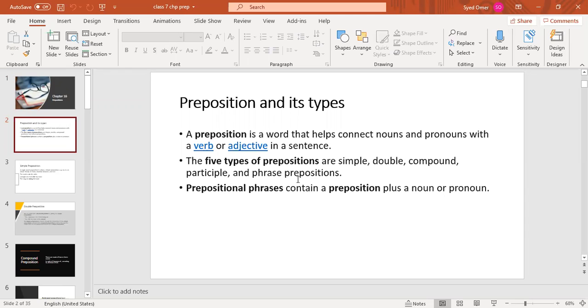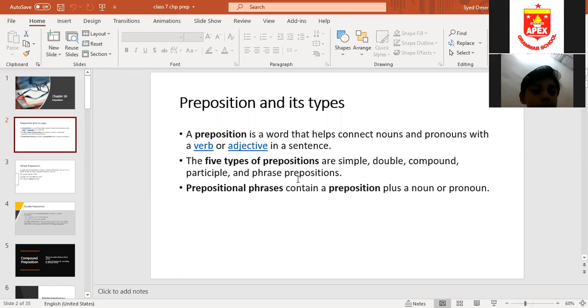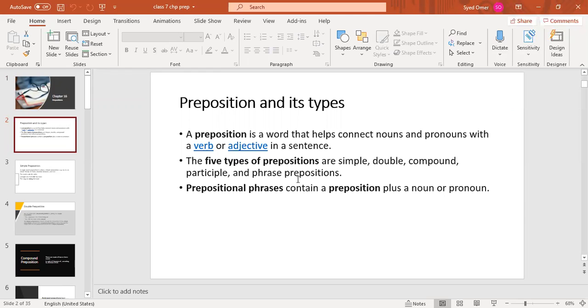Last time we were discussing phrases. So you know what a phrase is. A phrase is a group of words. So a prepositional phrase is a preposition with a verb, a preposition with an adjective, or a preposition with a noun.